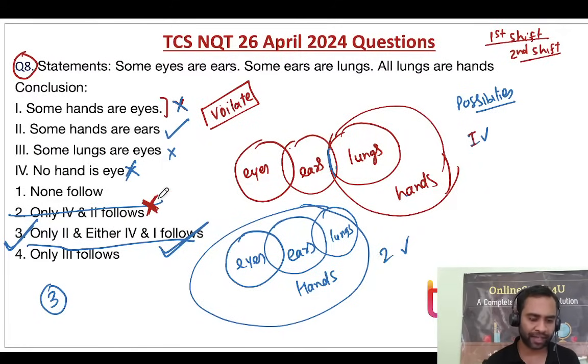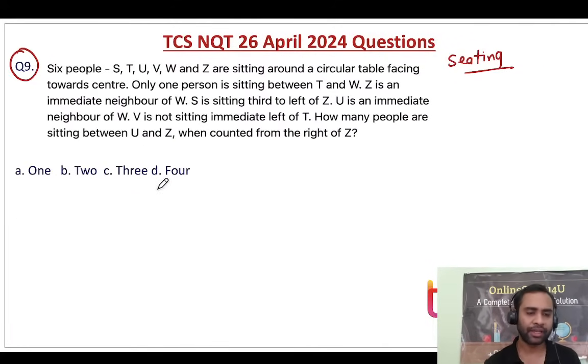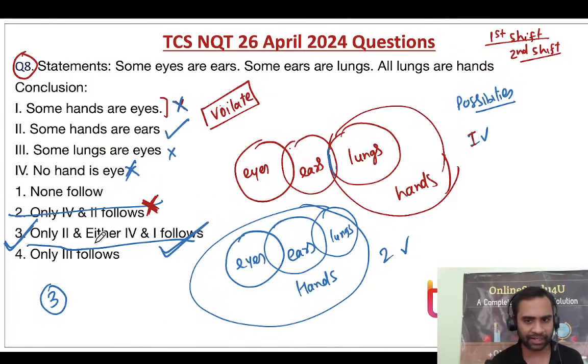So option 3 will become the correct answer. Clear? Okay. Now question number 9. Sitting arrangement questions were asked, right guys? 4 is not correct. I have told you multiple times that this is a diagram. See, this is also a diagram which you can make, right?